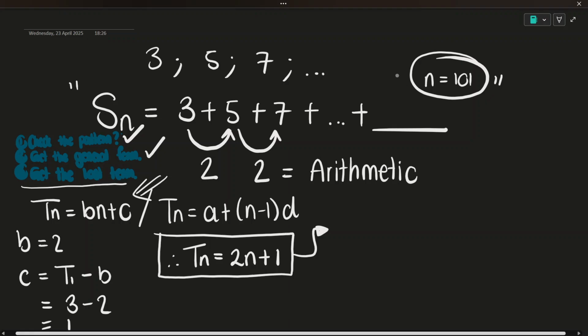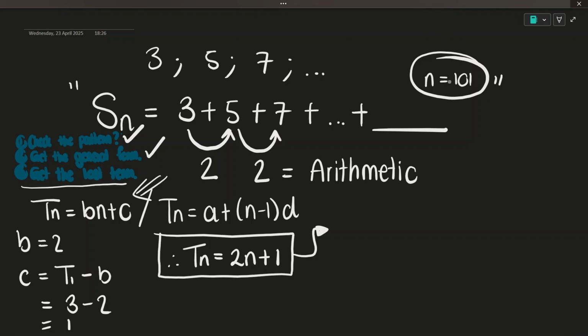No, actually, we don't. But for my sanity's sake, I will write the last term just now. 203. So the last term of this pattern is 203.